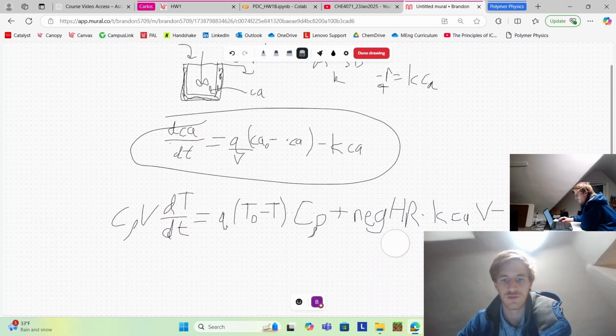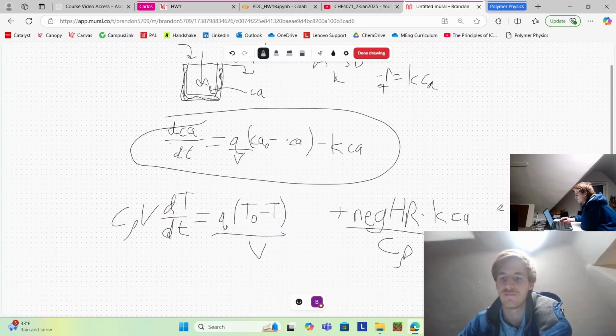Now what I'm going to do is divide everything by C rho V. So this becomes over volume, and the heat capacity goes away. This becomes over C rho. I keep saying CP, but it is rho, and that gets confusing with heat capacity at constant pressure. And this is over C rho V.